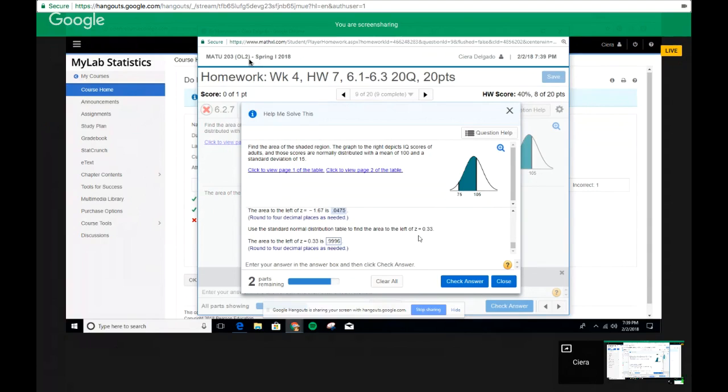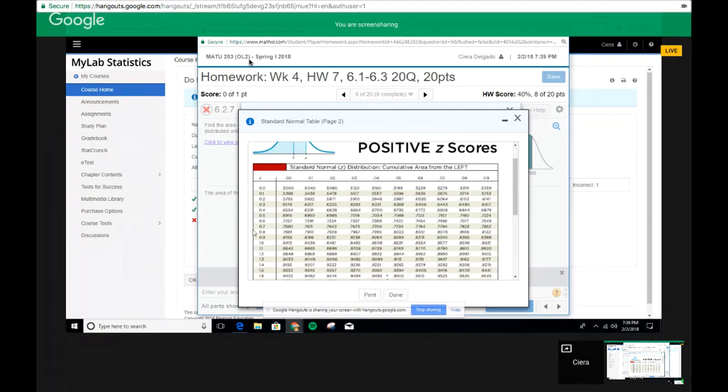And the area to the left of Z is 0.33. Let's go back to the click to view page 2 of the table. 0.33.